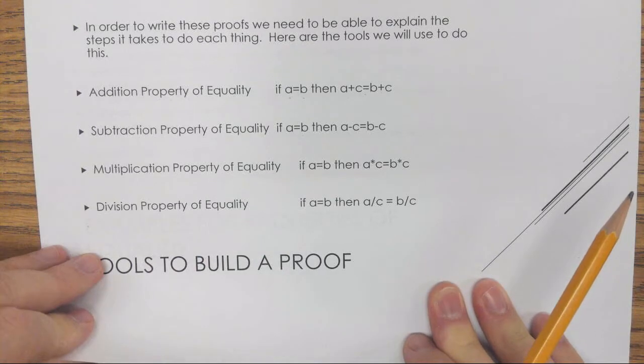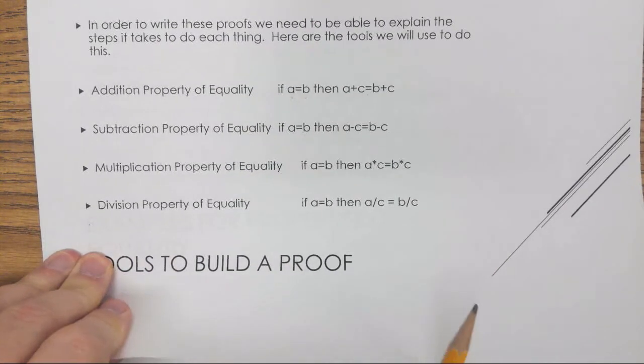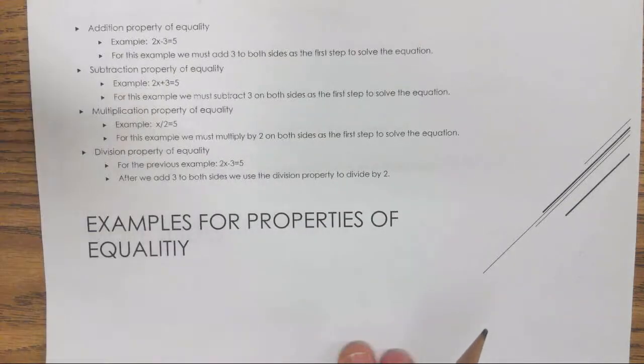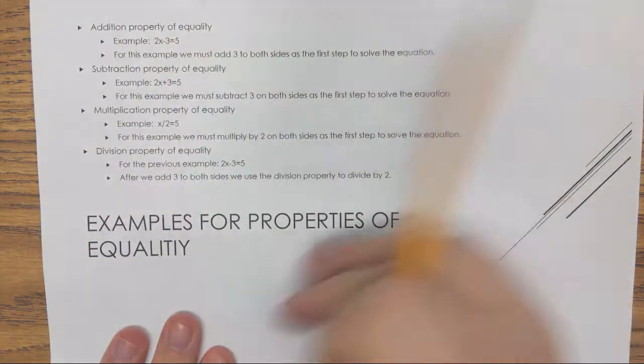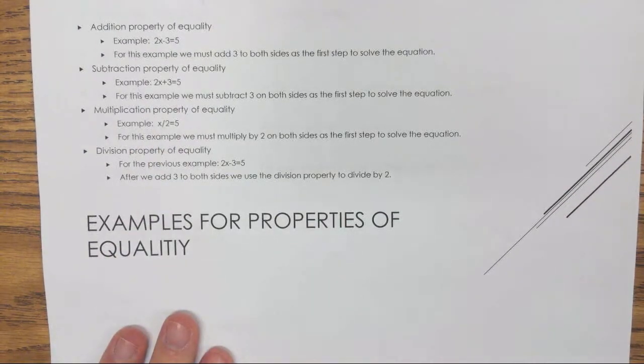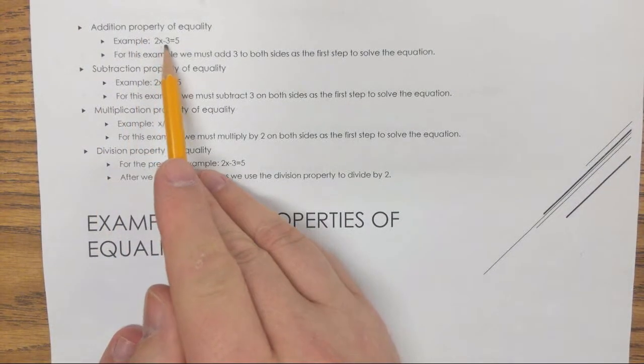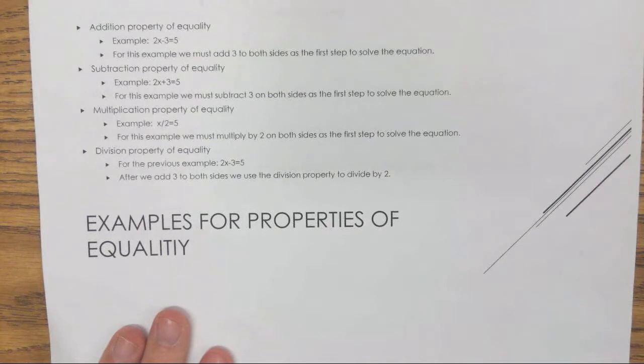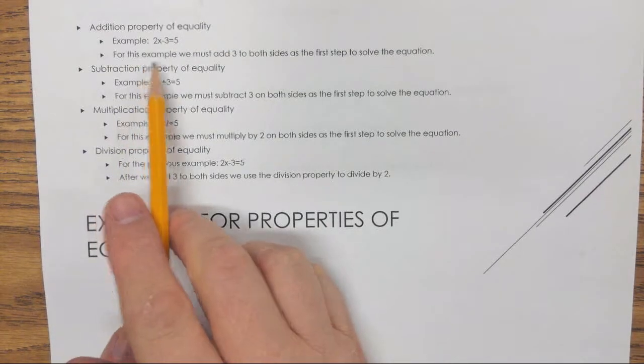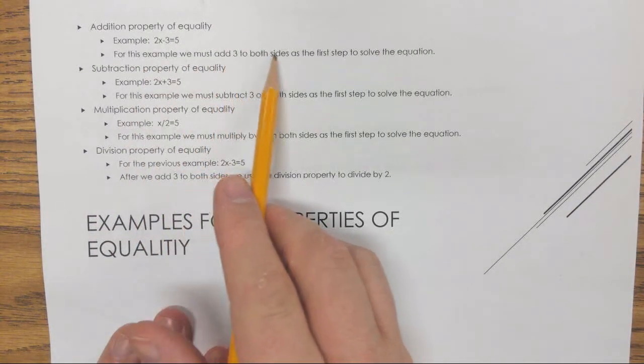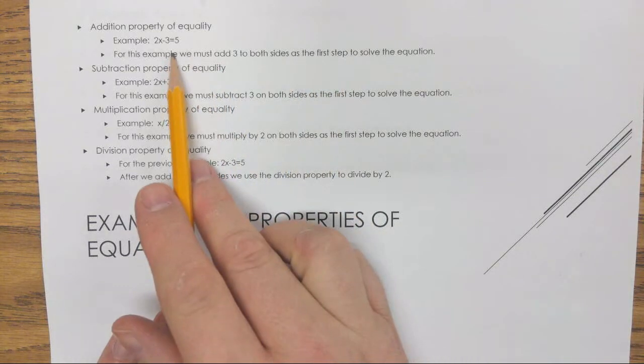Let's look at some examples of these so we have an applicable idea of what's going on here. So here's an example of the addition property of equality. If I've got 2x minus 3 equals 5, for this example we need to add 3 to both sides as the first step to solve this equation.